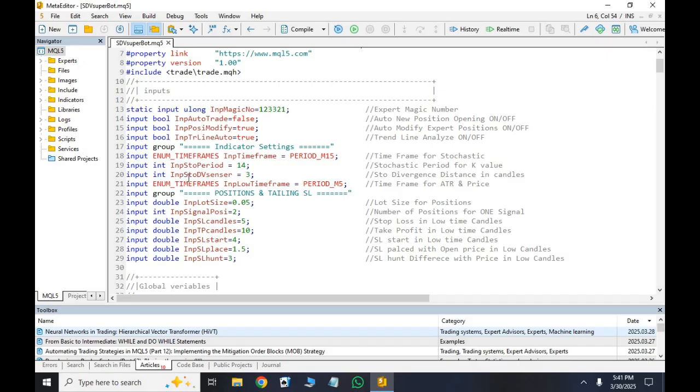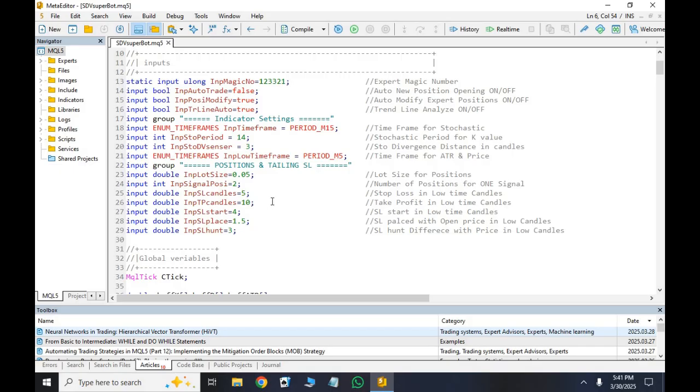And this is for the divergence sensor, that means how many candles we check for the divergence. I set it to 3, and it can be changed. And another, lower time frame is used for the stop loss and the ATR indicator.